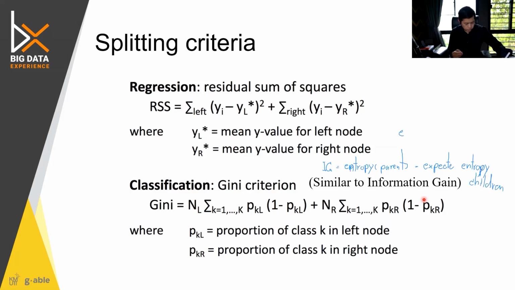And we know that entropy is minus P1 log of P1 minus P2 log of P2. Why is using information gain in coding not a good idea? There is actually a better way. It's called Gini, right? The Gini criterion. What's different?